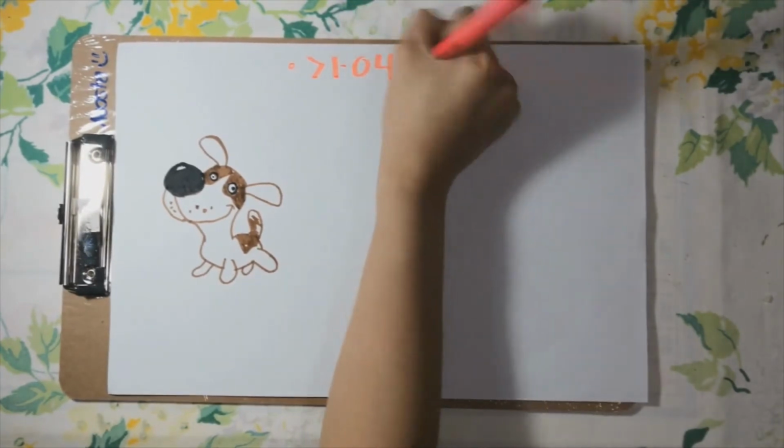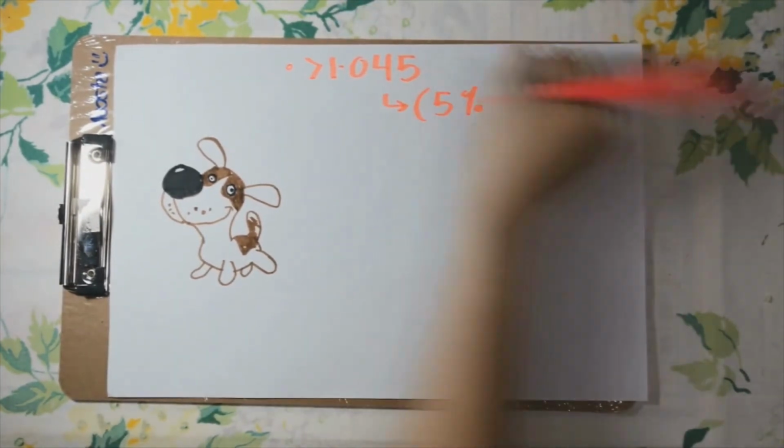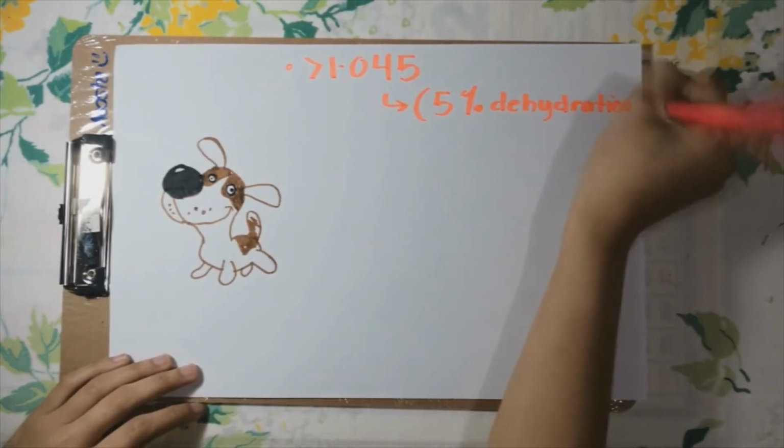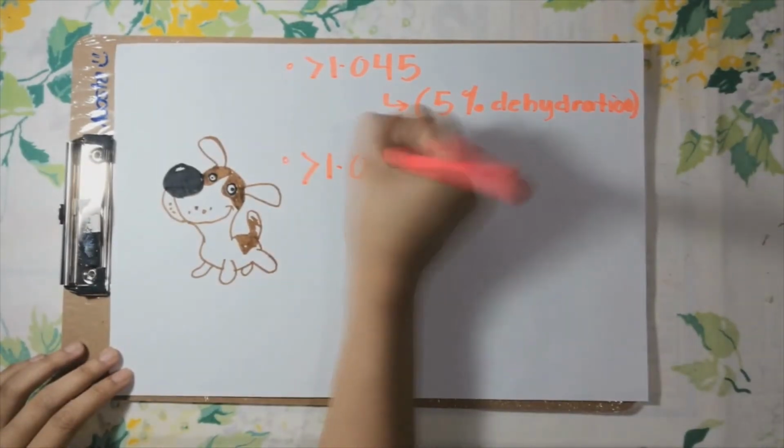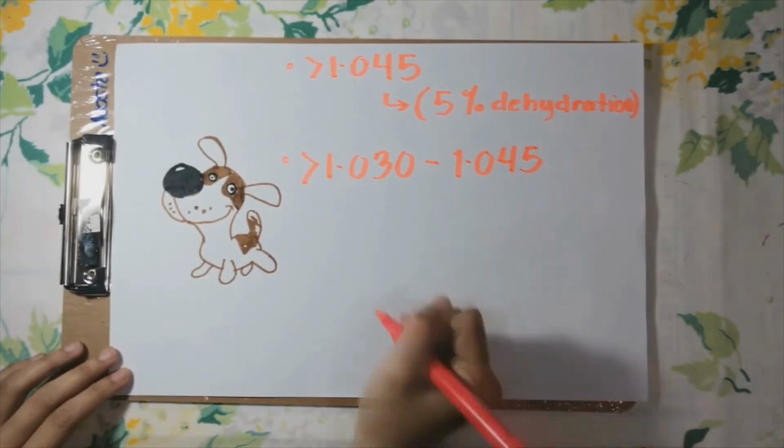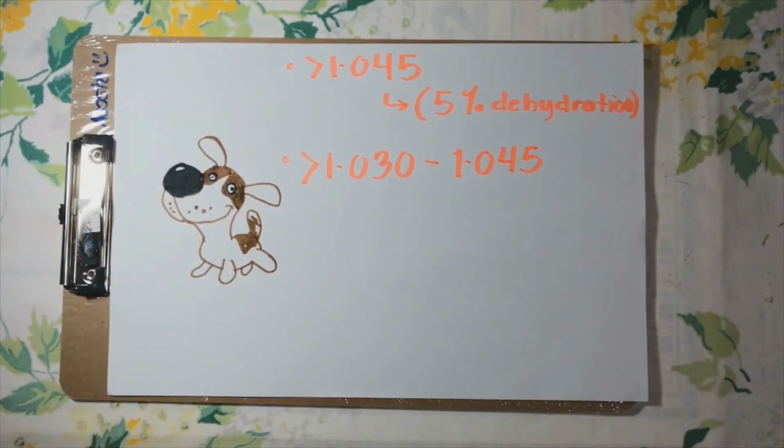Normal dogs usually concentrate to greater than 1.045 when challenged with mild dehydration or 5% dehydration. A specific gravity that is greater than 1.030 to 1.045 in dogs and cats with no internal medical problems and with normal BUN, serum creatinine, and hydration is considered normal.